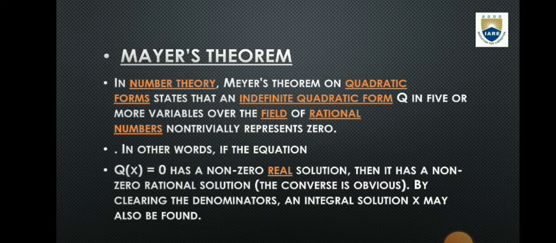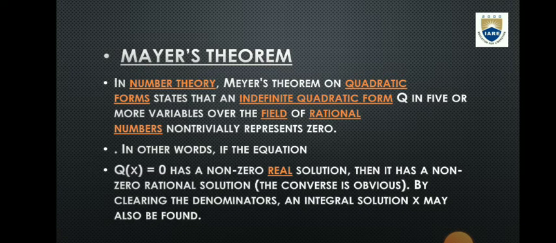Mayer's theorem. In number theory, Mayer's theorem on quadratic forms states that an indefinite quadratic form Q in 5 or more variables over the field of rational numbers non-trivially represents 0.